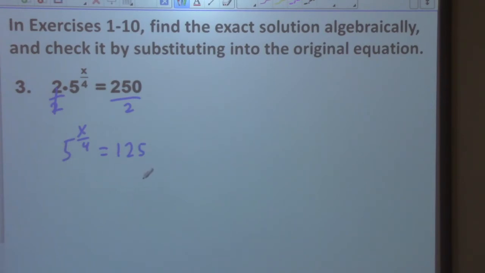At this stage, what I would do is either do a logarithmic one, or I would try to make this a base of 5 somehow. Can you rewrite 125 as an exponent with a base of 5? Think about it a minute. Think about it, Robert. We have people nodding their heads, so the people who can help you on this, if you don't figure it out.